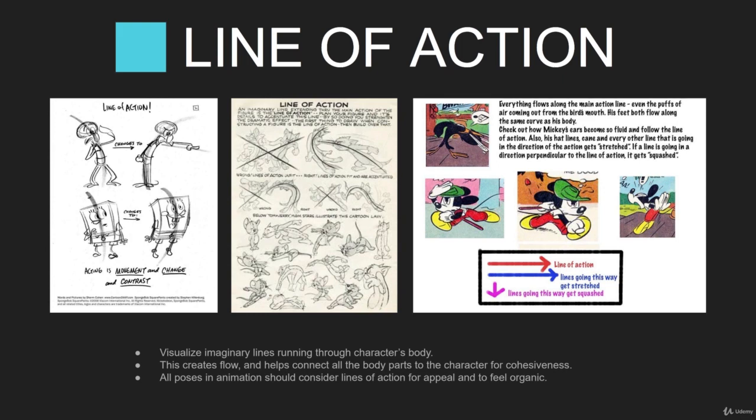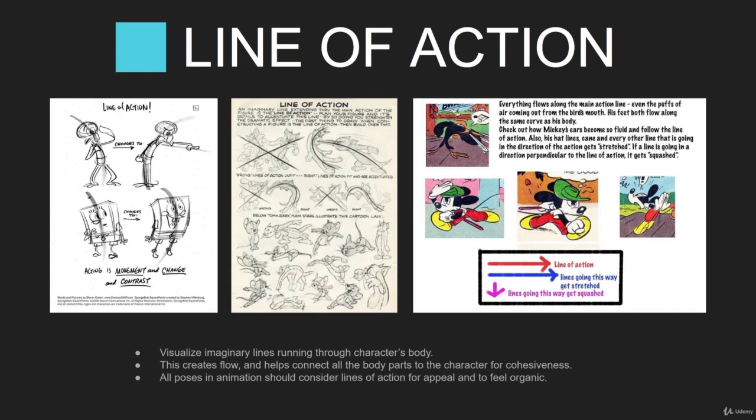This image in the middle here is a classic old book that a lot of animators have studied from, and it shows some examples of basically a similar type of motion that doesn't have strong lines of action versus something that does.